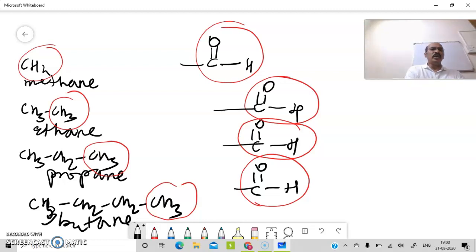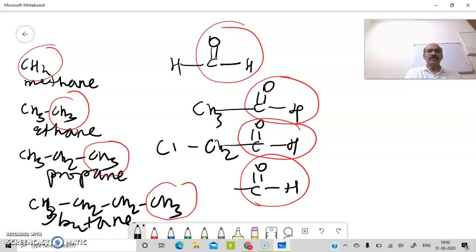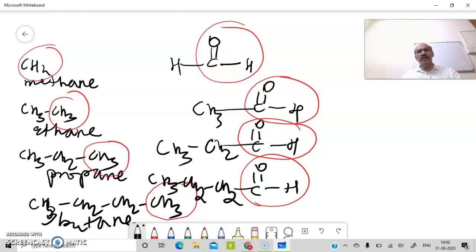So here only hydrogen remains behind, H. Here methyl remains, CH3. Here CH2 and CH3 remain behind. And here 3 carbons, CH3, CH2 and CH2 remain behind. So these are the corresponding alkanes and those are the aldehydes.